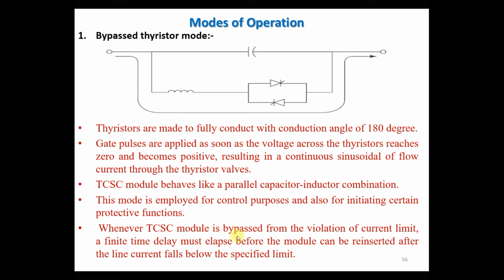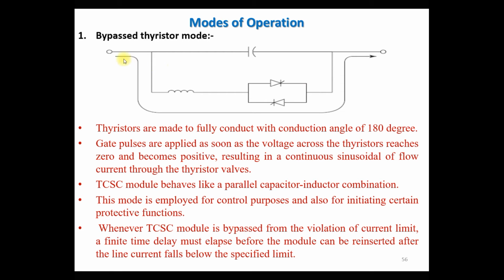Whenever the TCSC module is bypassed due to violation of the current limit, a finite time delay is provided before the module is reinserted after the line fault current falls below the specific limit. In the TCSC FACTS device, a current limit is set.